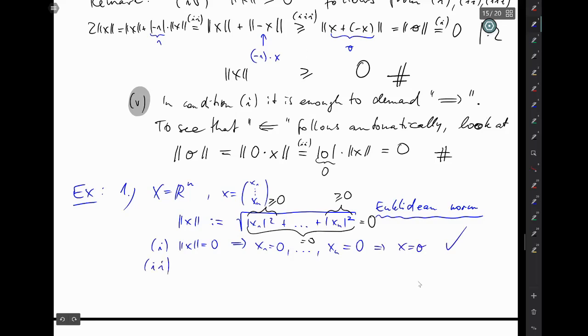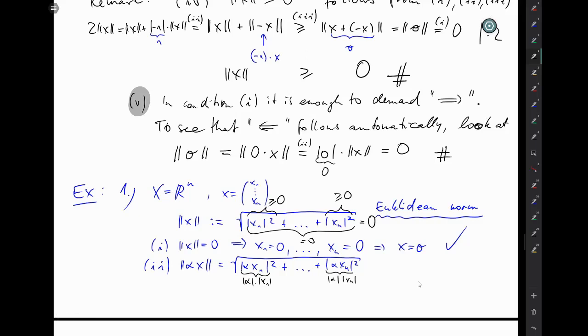Property 2, the norm of alpha times x. Okay, so there's a little alpha coming as a factor in front of every component, x1 to xn, so your norm would just be computed as follows. So it's the root of modulus alpha times x1 squared plus and so on modulus alpha times xn squared. Now for each of these, the modulus of a product is the product of the moduli, and so on, right?